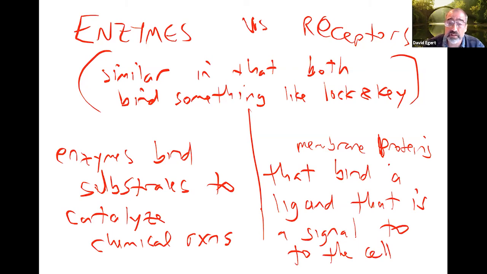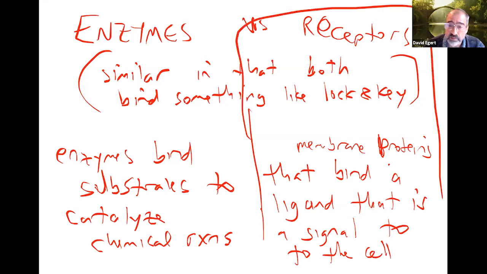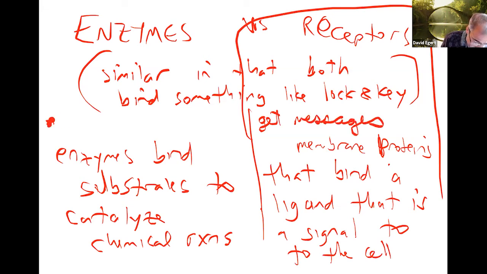In both cases, the shape is important for binding, but the context and the role they're playing is very different. A receptor is sensing what's going on. It gets this message and then something happens as a result of getting the message. So these get messages. Enzymes make reactions happen.